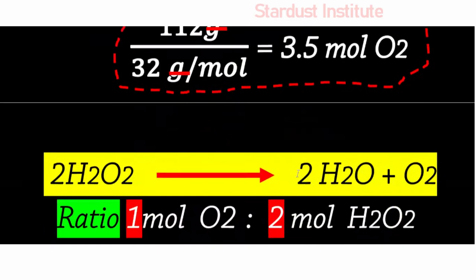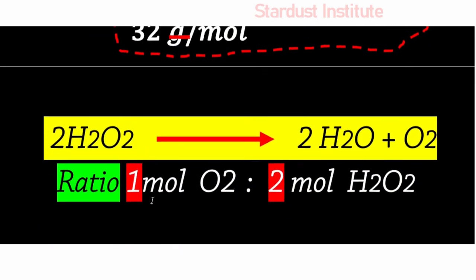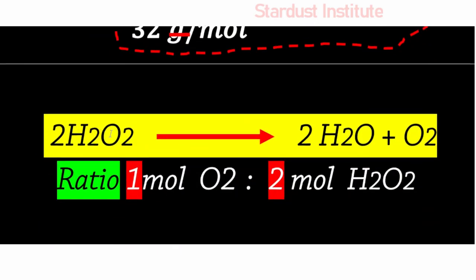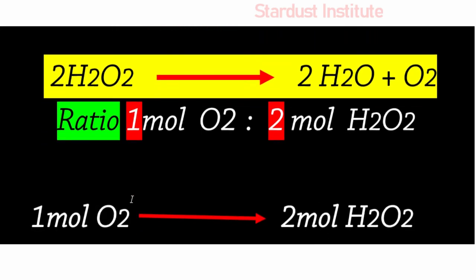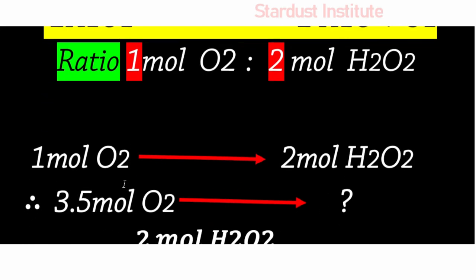112 grams of oxygen means 3.5 moles of oxygen. According to the ratio, we know this is the balanced chemical equation. To get 1 mole of oxygen, we need 2 moles of hydrogen peroxide.